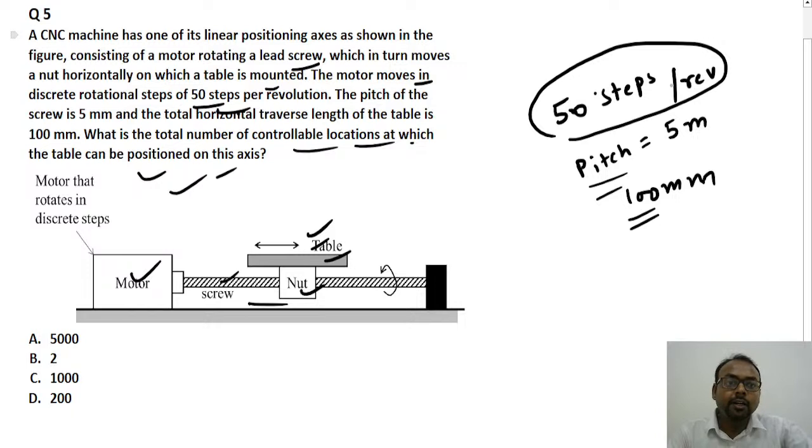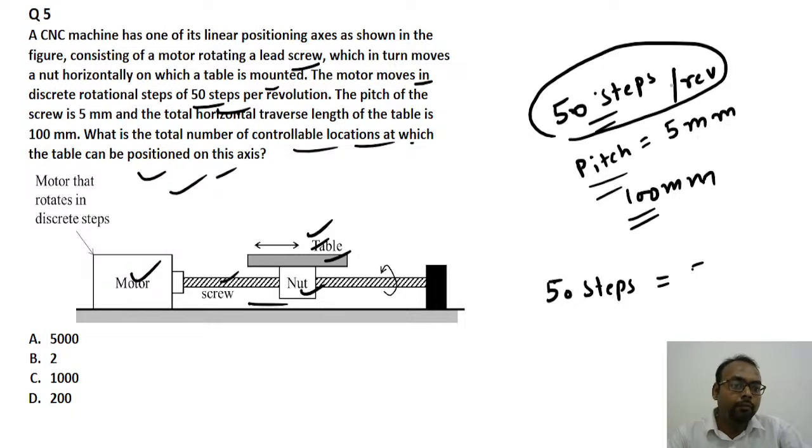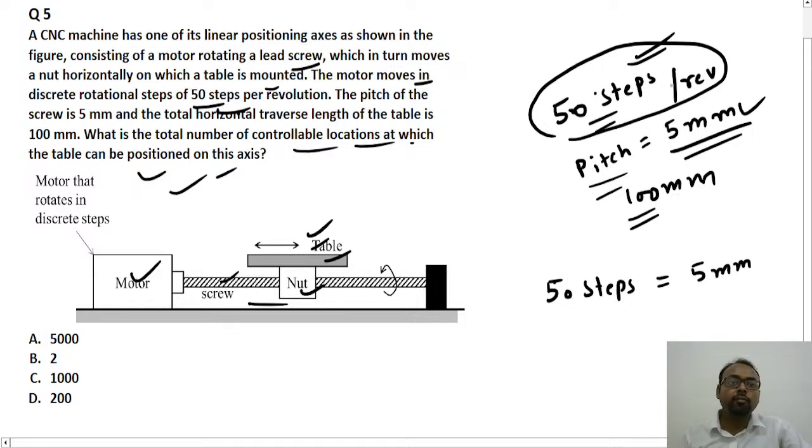So here we can say that in one revolution it is taking 50 steps. So for moving 5 mm, how many steps do we require? We require 50 steps, right? Because whatever distance we travel in one revolution is given by the pitch, that is 5 mm, and in one revolution there are 50 steps.